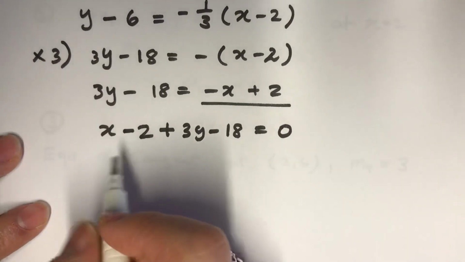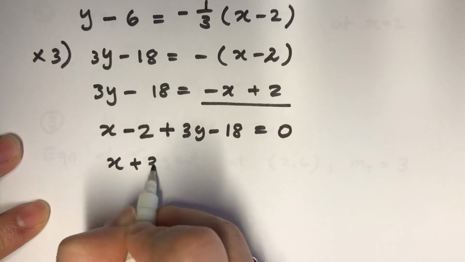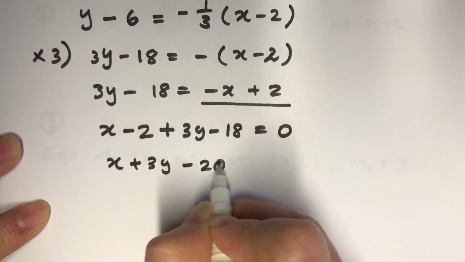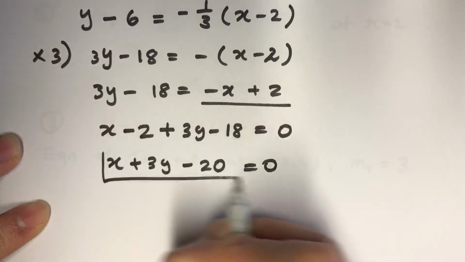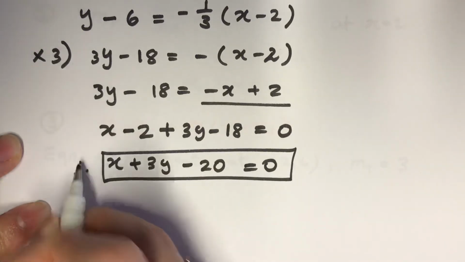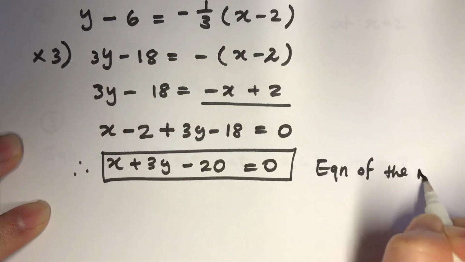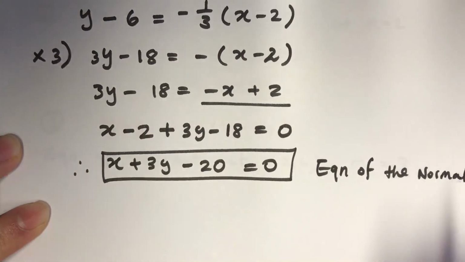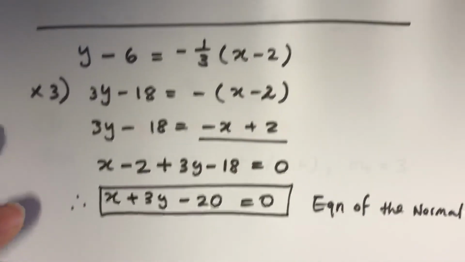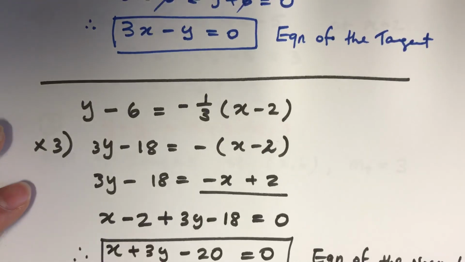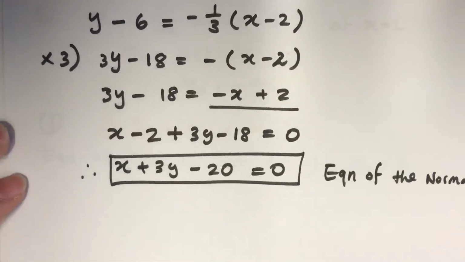And then I'm going to tighten it up: x plus 3y minus 20 equals 0, so it's a general form. So this is my equation of the normal to the curve 2x squared minus 5x plus 8. Okay, see ya.